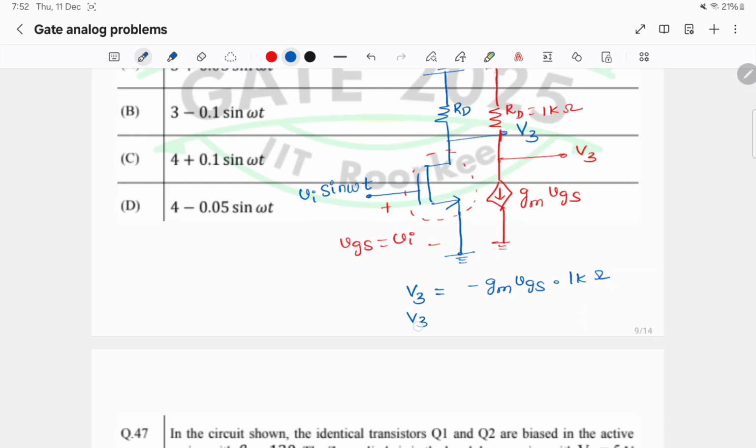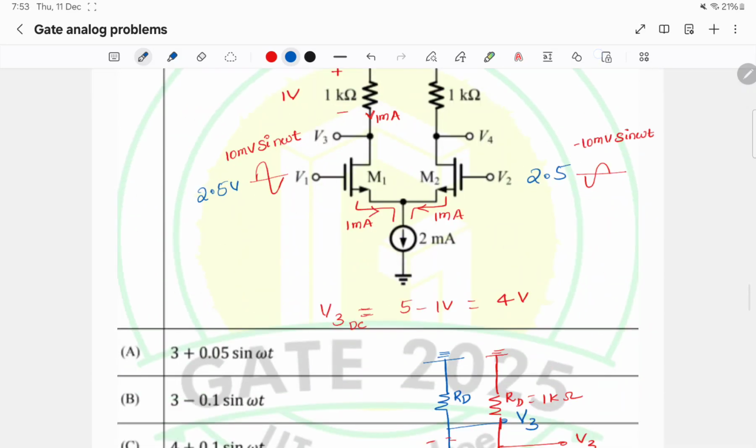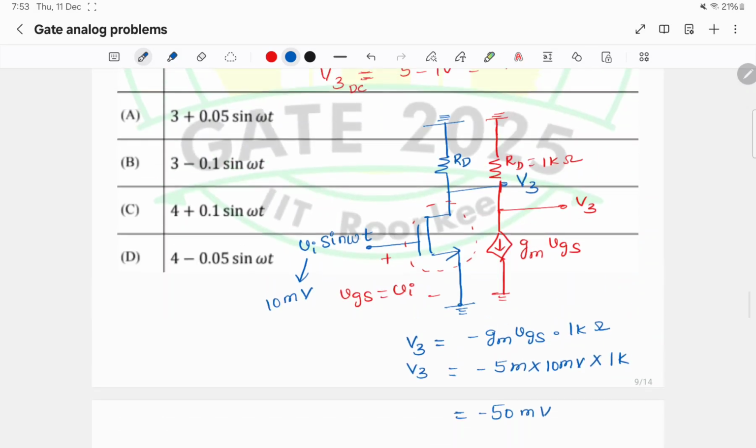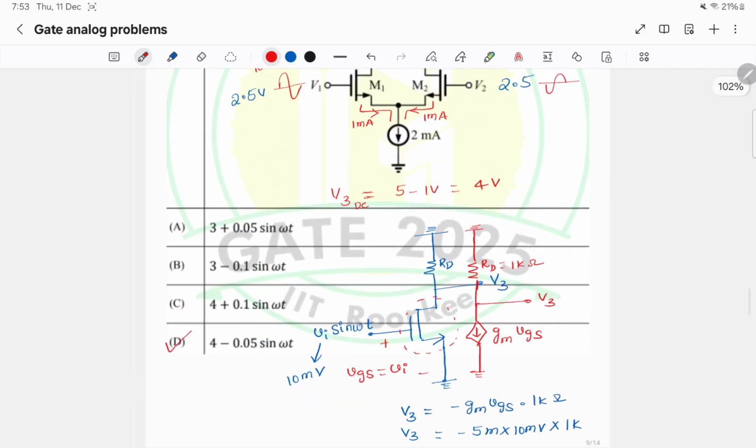VGS is Vi. gm is 5 millisiemens. 5 milli into the amplitude of input, 10 millivolts, into 1k resistance, that is minus 50 millivolt. So the answer is option D. The DC voltage is 4 volts and the small signal voltage is minus 50 millivolts.